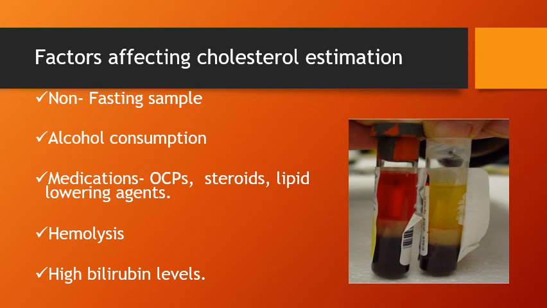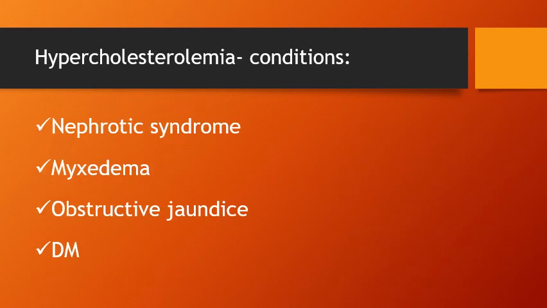total cholesterol levels. Coming to clinical significance, now we know that the normal range of cholesterol is between 150 to 200 milligrams per deciliter. So hypercholesterolemia is when the cholesterol level is more than 240 milligrams per deciliter. And in which conditions do we see these levels? One is nephrotic syndrome, myxedema, that is nothing but hypothyroidism, obstructive jaundice, diabetes mellitus, and familial hyperlipoproteinemias.